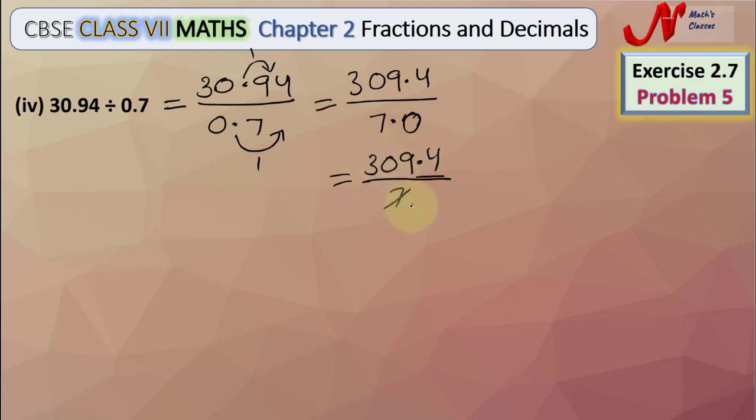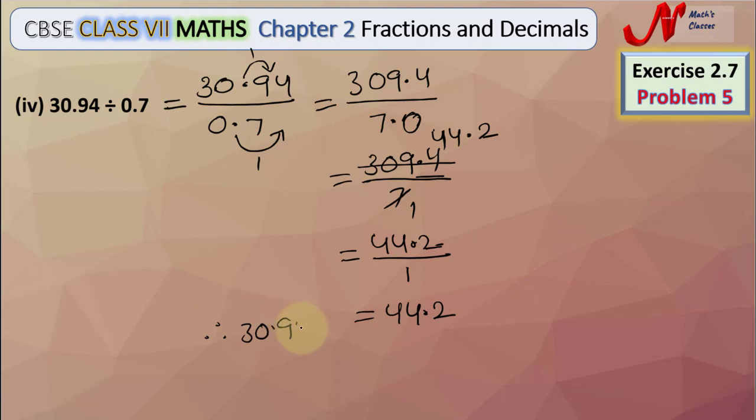By cancellation, 7 ones are 7, 7 fours are 28, 2 remaining, again 7 fours are 28, 1 remaining, 7 2s are 14. So we can write 44.2 by 1, which can be written as 44.2. Therefore 30.94 divided by 0.7 is equal to 44.2.